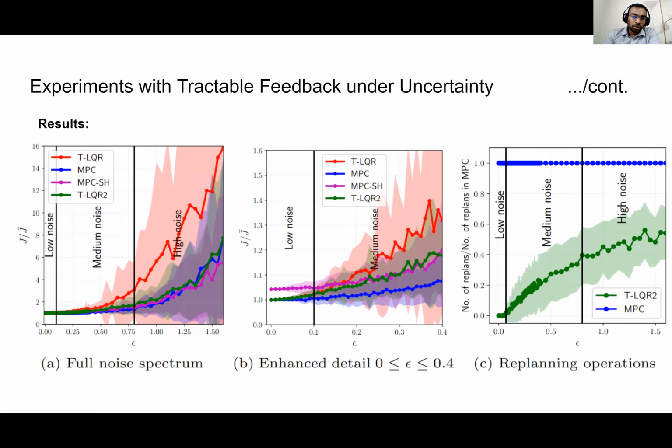As shown here, in low noise cases, MPC uses a lot of computational resources by replanning at every time step, as opposed to the linear feedback law, which replans only at necessary steps. So the optimality of the linear feedback can be guaranteed if we replan at specific instances rather than replanning at every time step as seen in MPC.